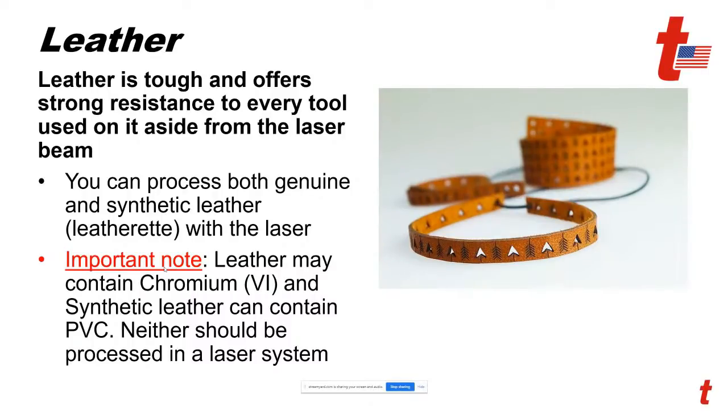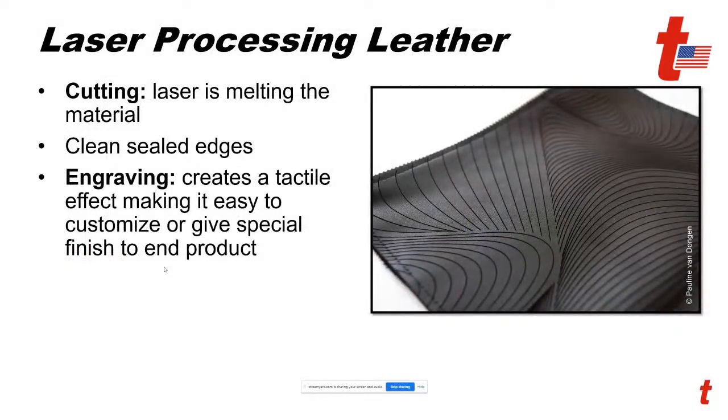But if you're buying something from overseas and it seems too good to be true on price, just make sure that it's not tanned with chromium IV, because of the dangers of it. So you want to stay away from those two materials. All other synthetics, as well as most of your standard leathers, are going to be just fine. But I do want to mention that just to let you know those capabilities.